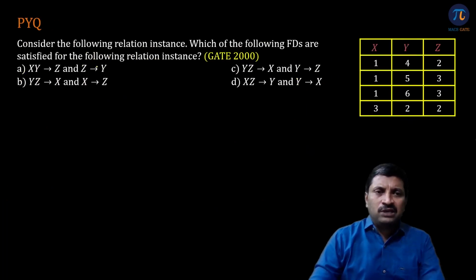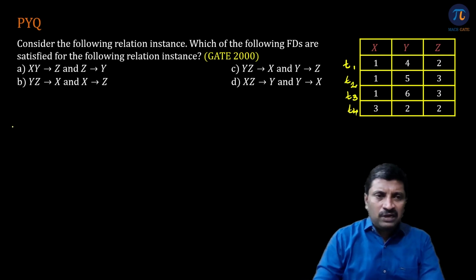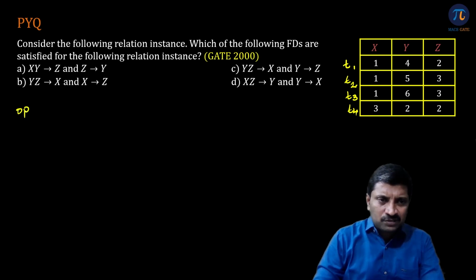The next question. Consider the following relation instance. Which of the following functional dependencies are satisfied for the following relation instance? So let us give the names, sir. T1, T2, T3, T4. Let us verify each of these options. Option A. What is the first functional dependency?